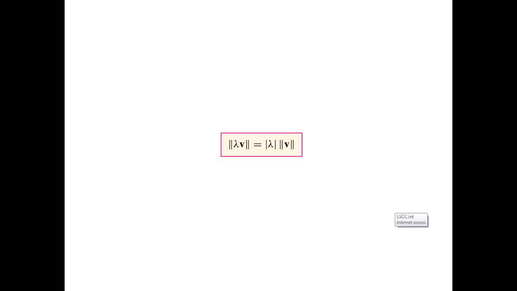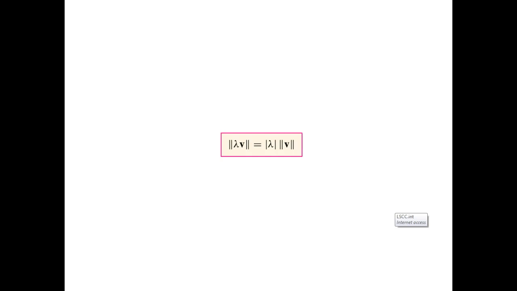Okay. Now, what about the magnitude of a vector that you have multiplied by some scalar? And here the scalar they're representing with the number lambda. Okay, why they choose lambda, I don't know. Quite often they use the letter C. Here they use lambda.